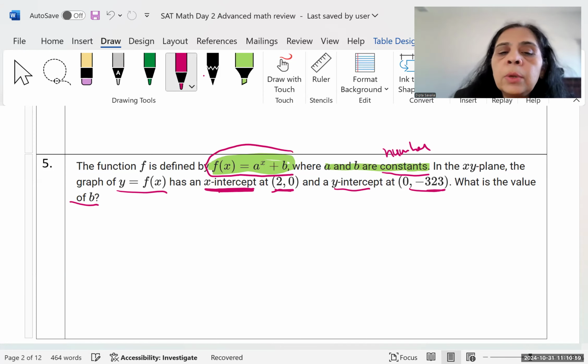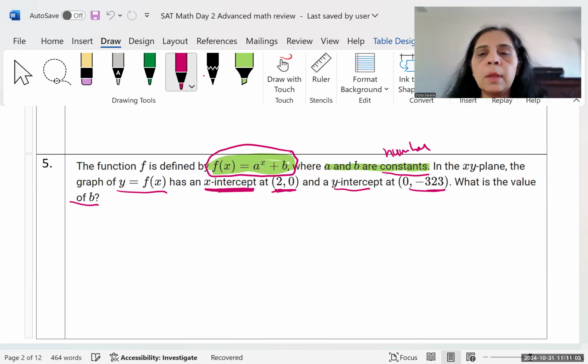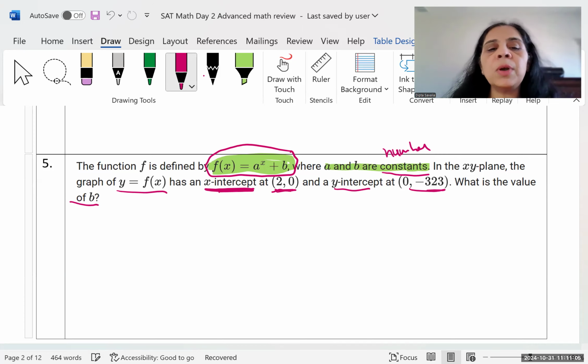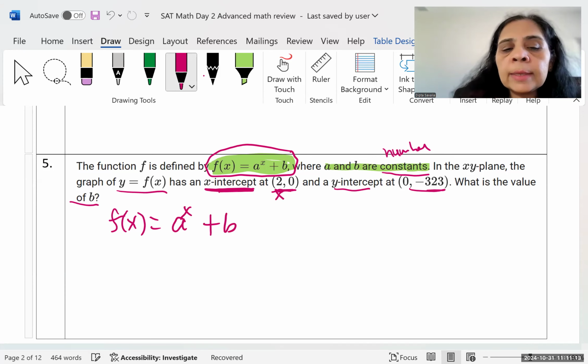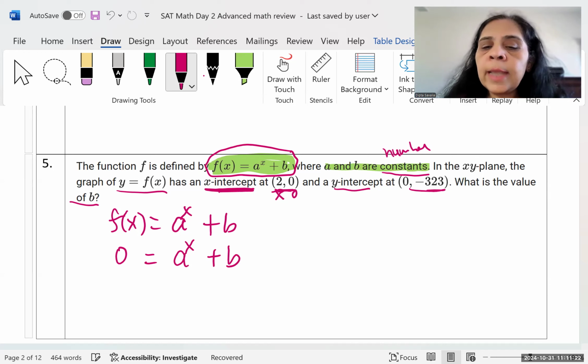So what we can do is just plug in. Whenever they give you points, plug into the given function, right? So it says f(x) = a^x + b. We can see x is 2 and y is 0, right? So 0 = a^2 + b. Let's see the second one.